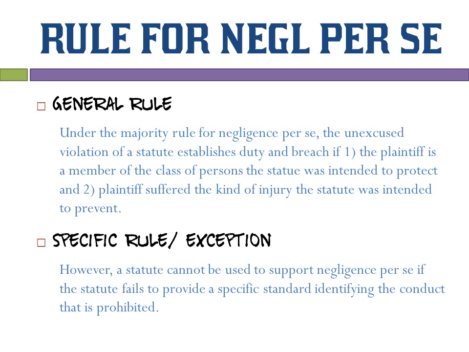Because once again, remember, when we're using negligence per se, we are doing it in lieu of the reasonable person standard. And so if the statute is just as vague as a reasonable person standard, then why use the statute? Let's use the reasonable person standard and have a jury decide.